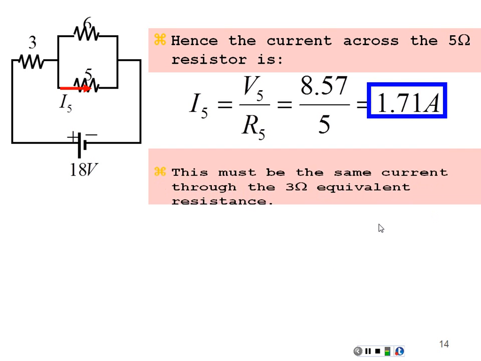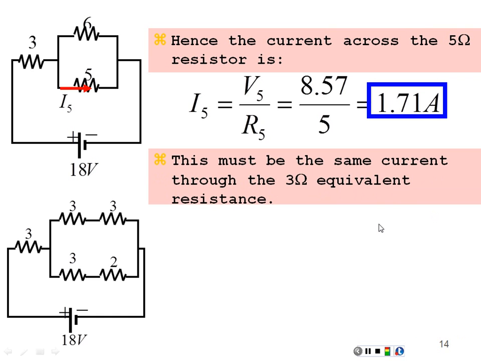Things in series have the same current, and they have the same current as their equivalent device. So I have 1.71 amps going through the 3 ohms and the 2 ohms, which was the series combination that the 5 ohms was representing. So I have 1.71 amps in particular going through this 3 ohm resistor here.